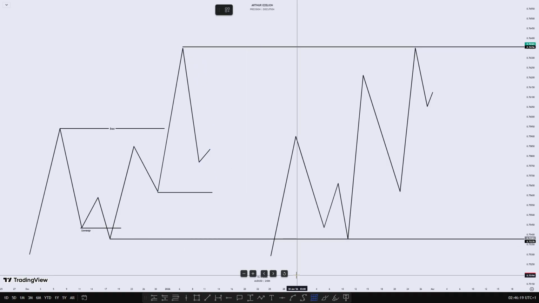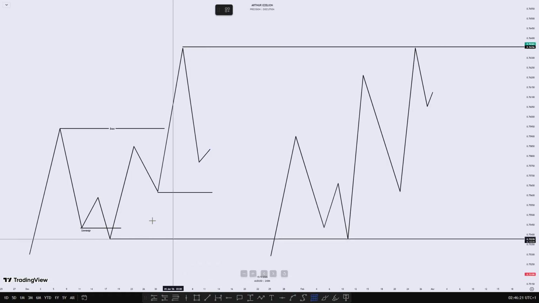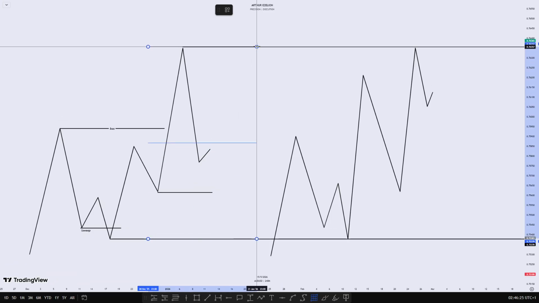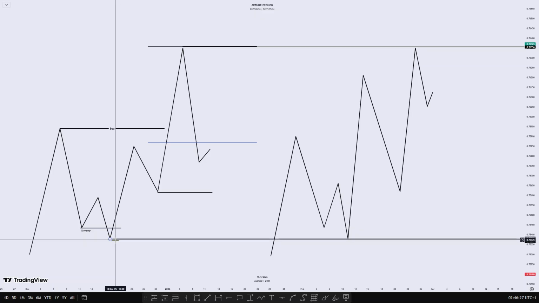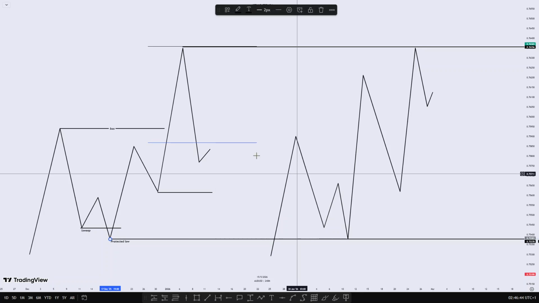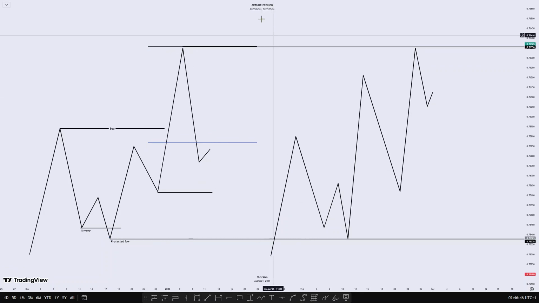I can decide to draw my premium and discount from the low to the high, and in this case this low becomes my protected low. My protected low is basically the point in my swing that I expect price not to take out.